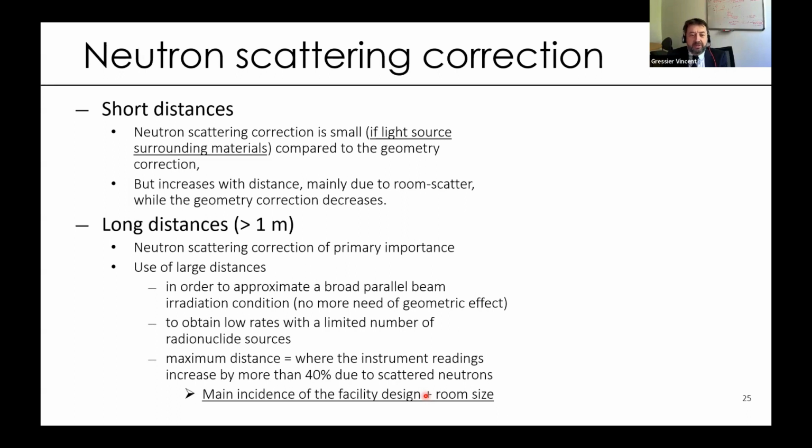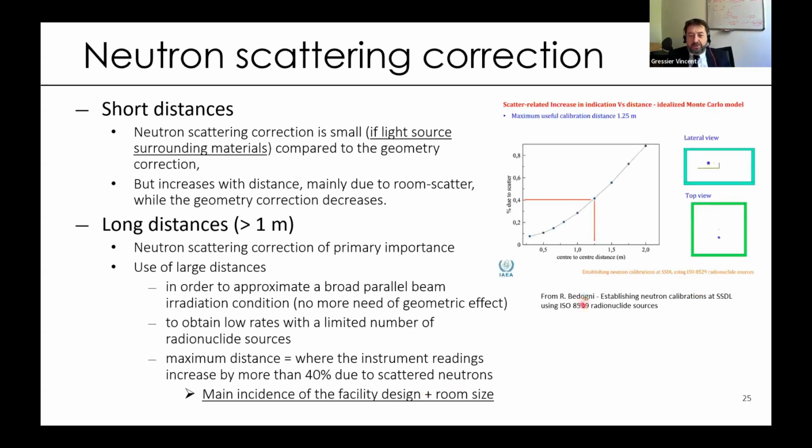If you remember, we should not consider conditions where the contribution of the scattered neutrons will generate an increase of 40% of your total reading. So this is, for example, what has been performed by Roberto Bedoni, and he presented this at the SSDL a few years ago.